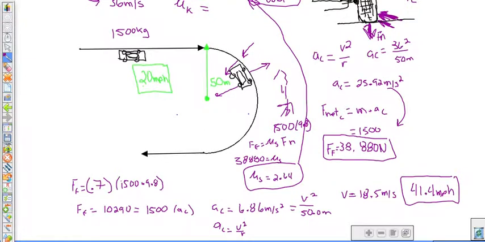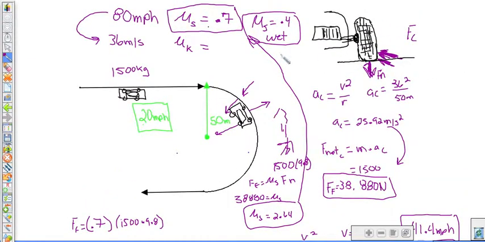So hope that helps and gives you an idea of how to solve using the two formulas that we discussed in the last video: the centripetal force right here, which is Newton's second law essentially just adapted, and the acceleration of centripetal right here, which we derived in the last video as well. All we did was use these two things to figure out if going 80 miles an hour is going to work to go around this turn. All right, well, I hope that helps.